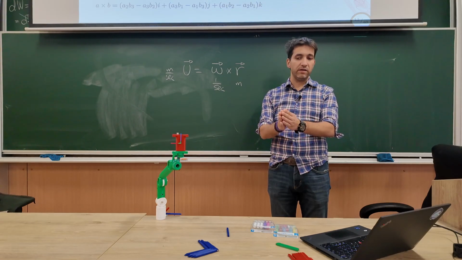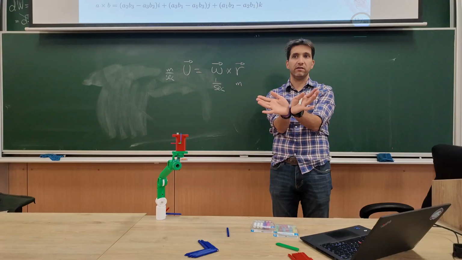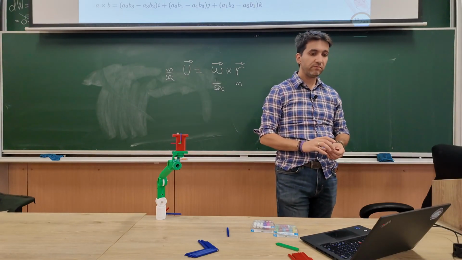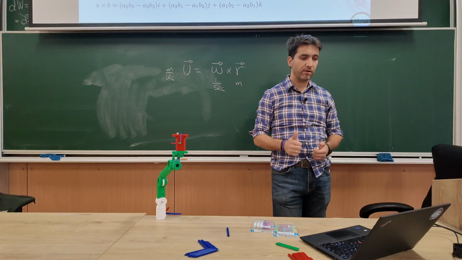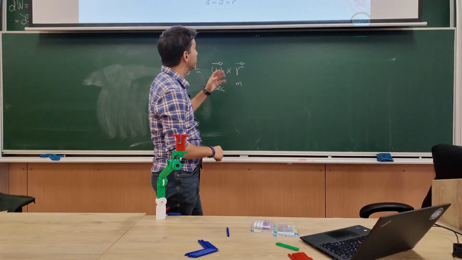When the angle is 0, then the resulting cross product will be 0. When the angle is 90 degrees, it will have the maximum magnitude. Okay? Good.